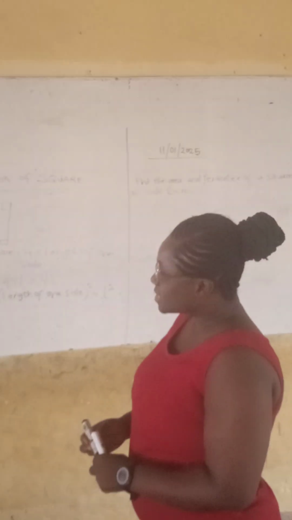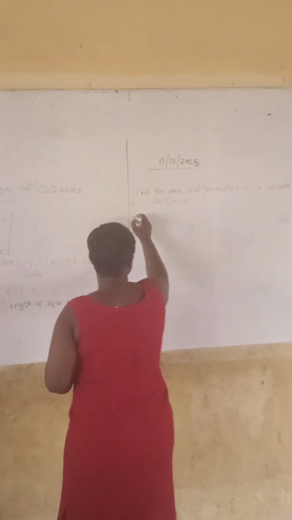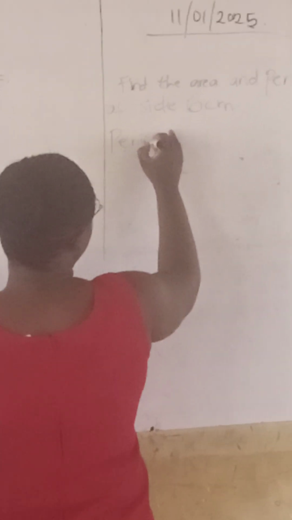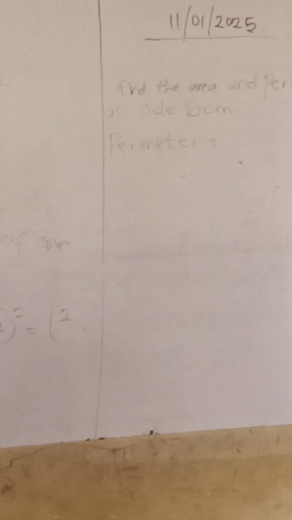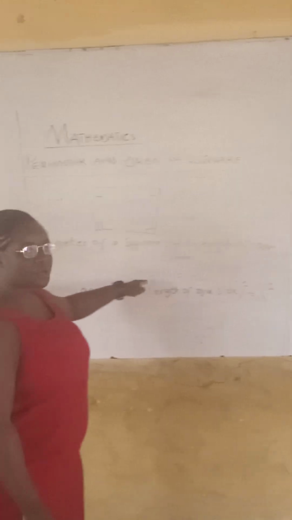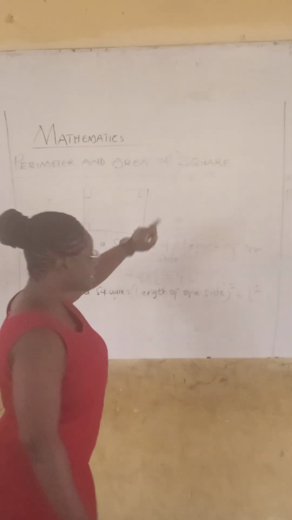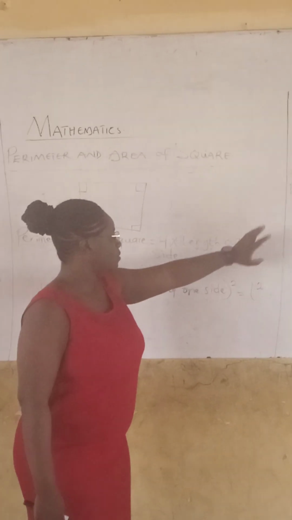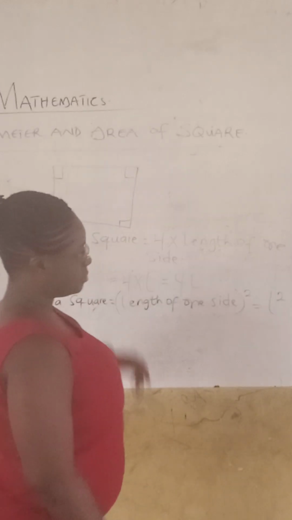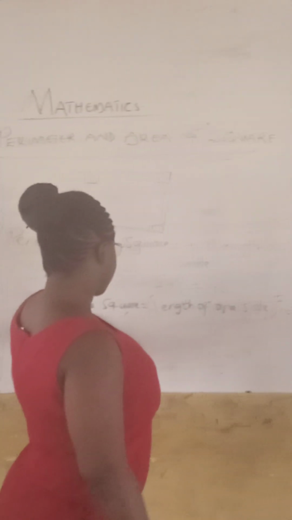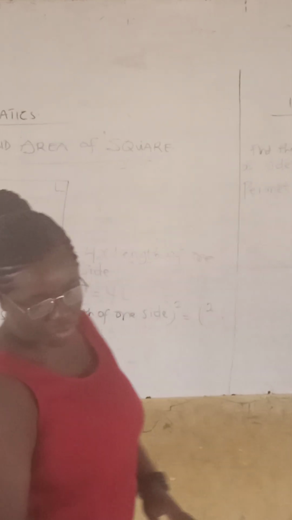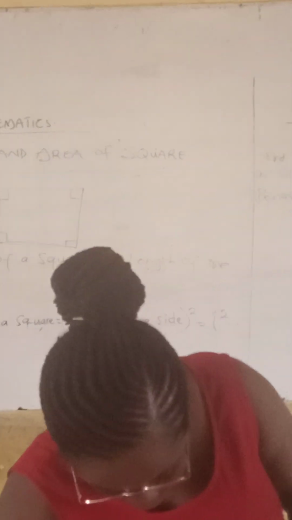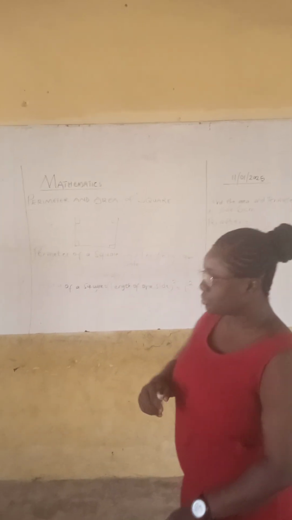So we will first find the perimeter. And as I said, perimeter is 4 times L, which is 4 times the length of one side. And the area of a square is the length of one side squared. So follow me.